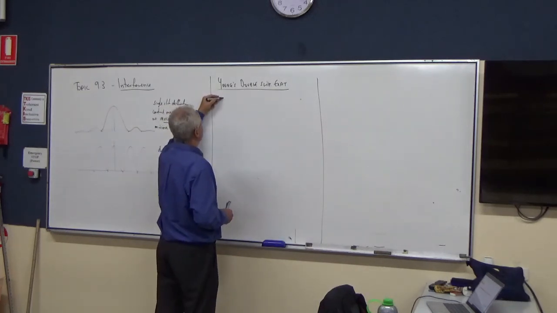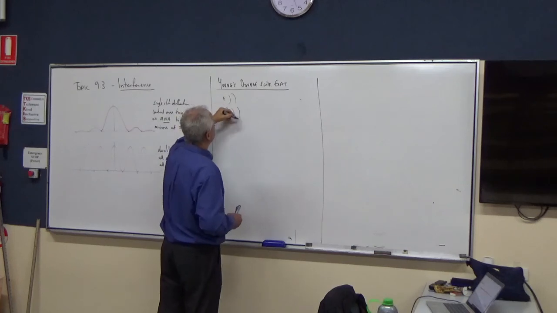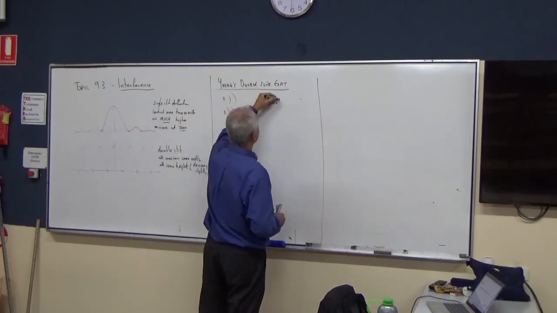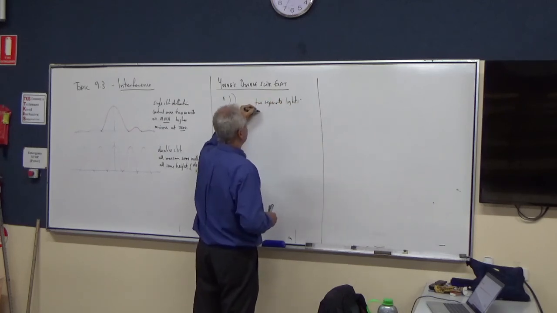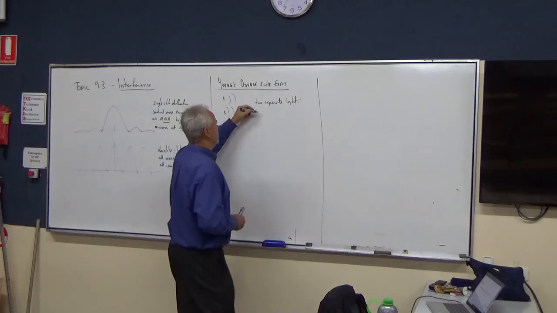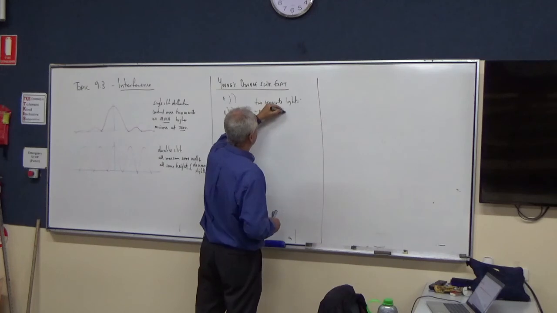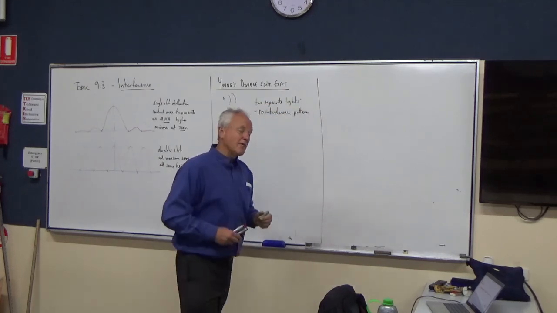If I just have two lights giving off waves, so two separate lights, there's going to be no interference pattern. Will there be no interference?